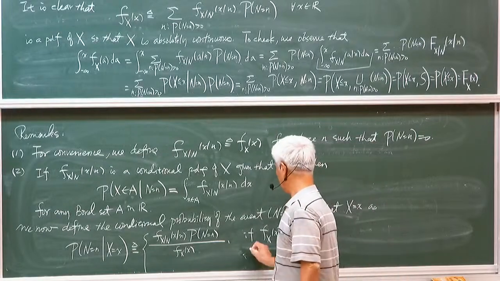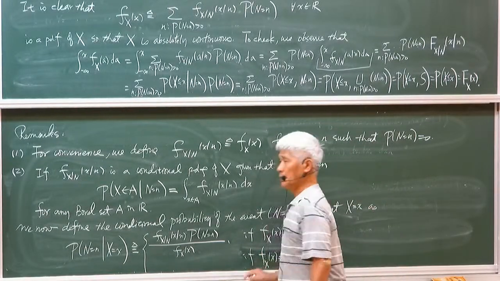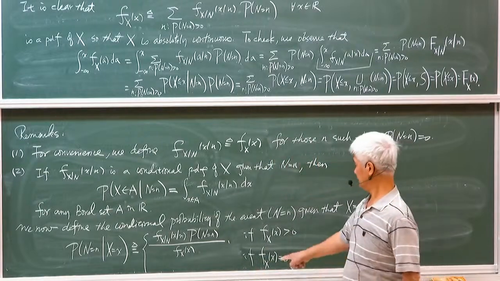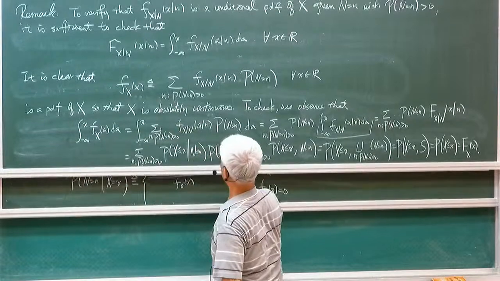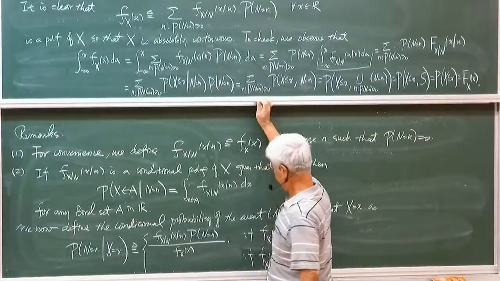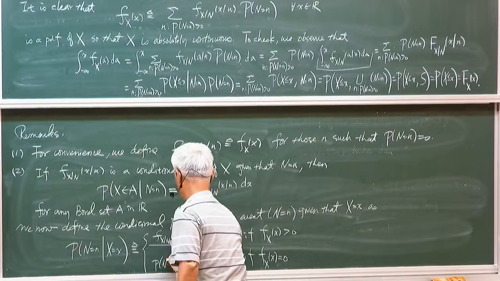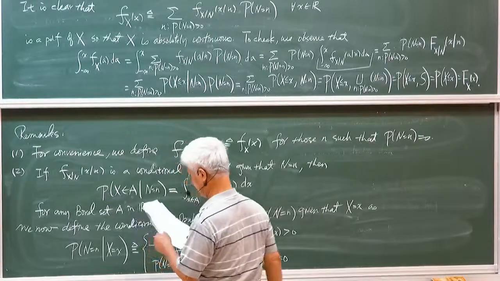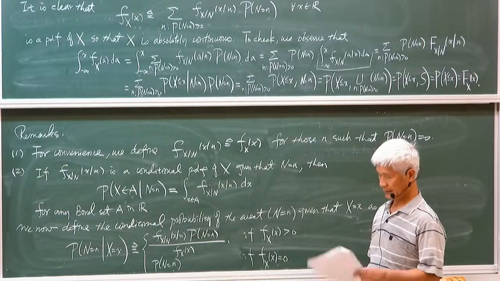But if the PDF of X obtained from this equation is 0, then we define this to be just the unconditional probability. Okay.